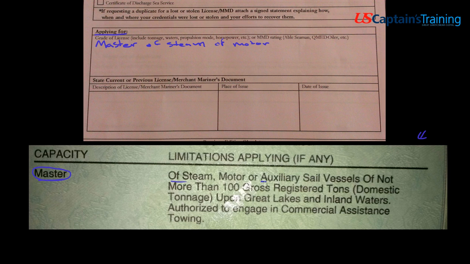And then see this, or auxiliary sail vessels. I have a sailing endorsement, so I get this on my license. If you don't have a sailing endorsement, then you don't write this. And now for the tonnage part, of not more than 100 gross registered tons. Again, in the time on the water video, you can figure out what license you need to apply for.